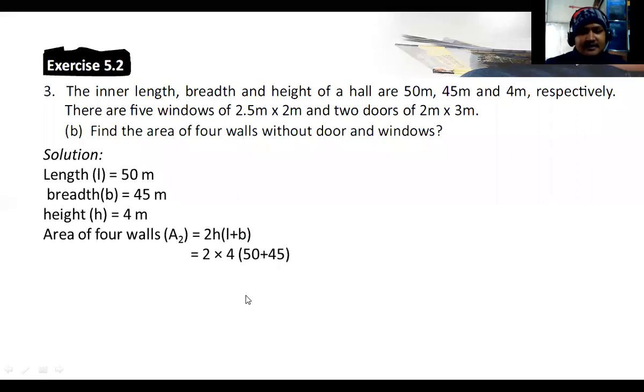Just calculate it. 2 into 4, it is 8. 760 meter square. This is the area of 4 walls of the room, which is given to us.